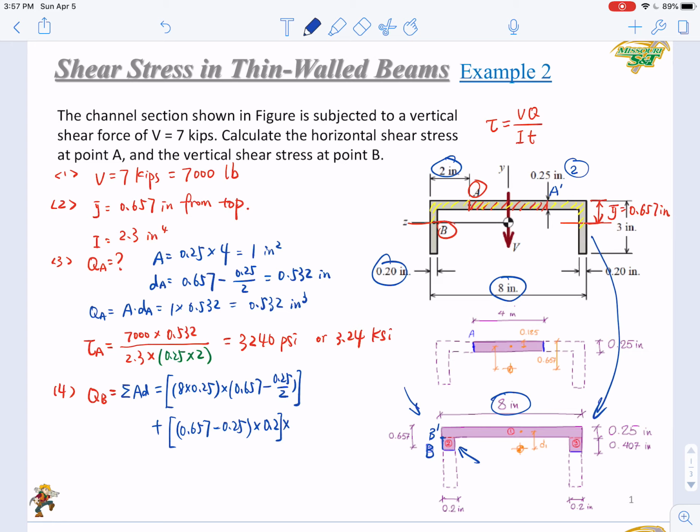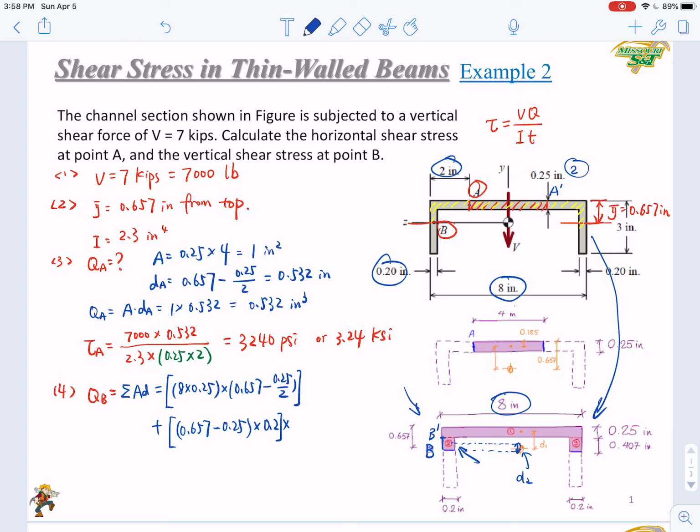Then what is D2? Since the B is right on the z-axis, the D2 will be from this global centroid to the local centroid of sub area 2. Here is the D2.